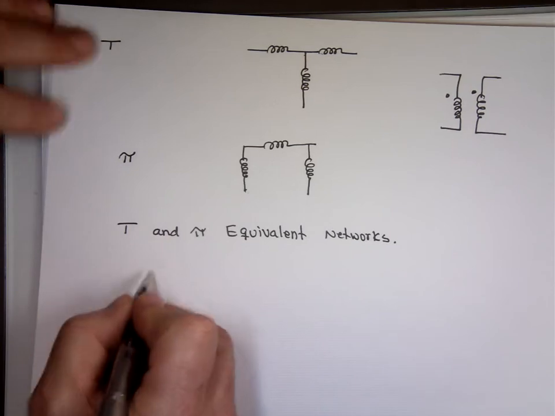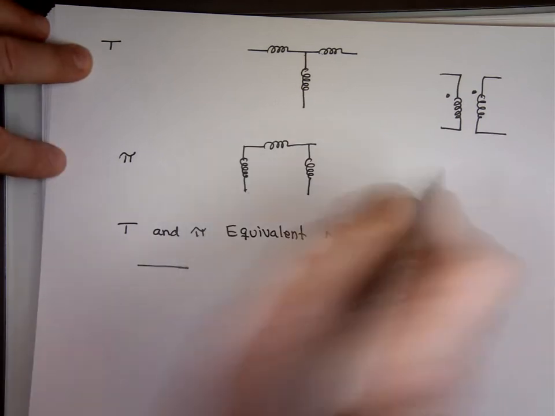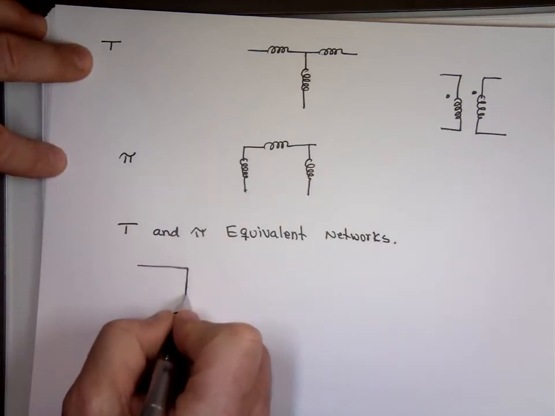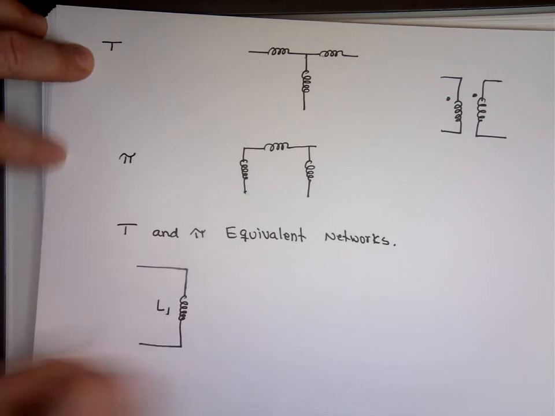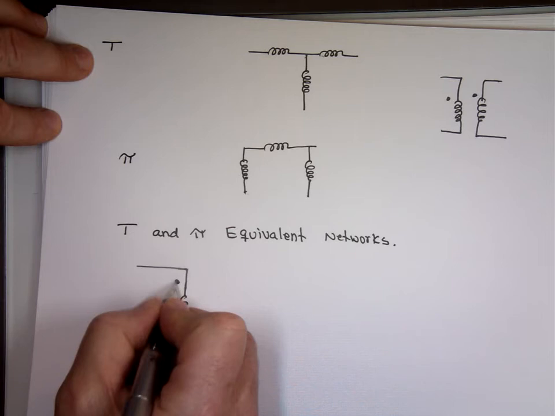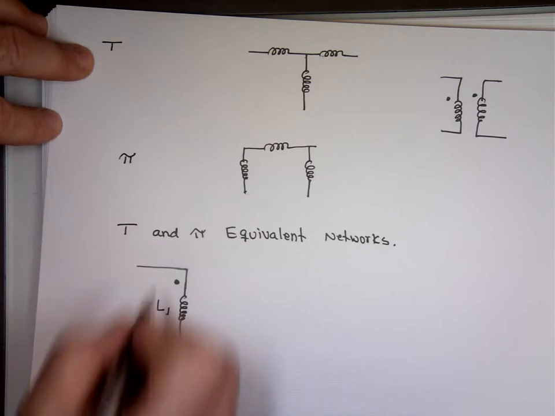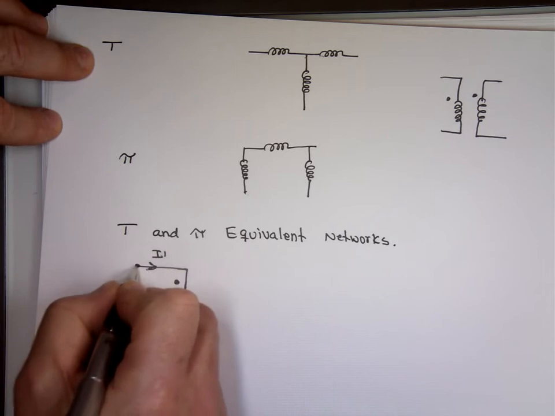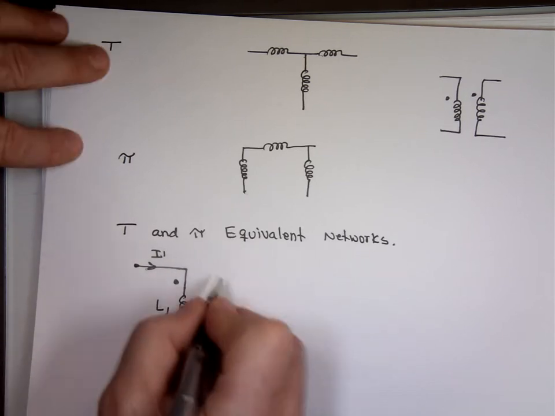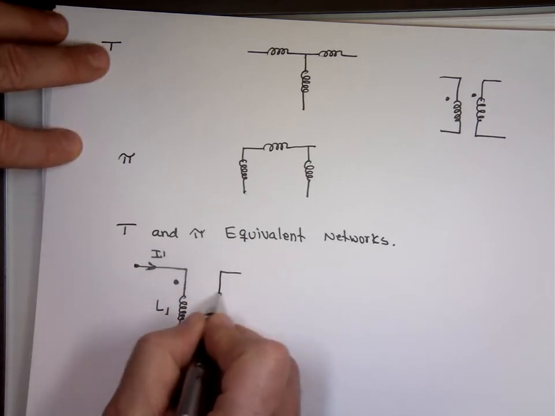So now if we take a circuit, we'll take just that one up there, just make it cleaner. Let's say we have L1 going through it. And we have a dot here. And we have I sub 1 going through this direction. I'll derive the equation for us. We have another inductor here.